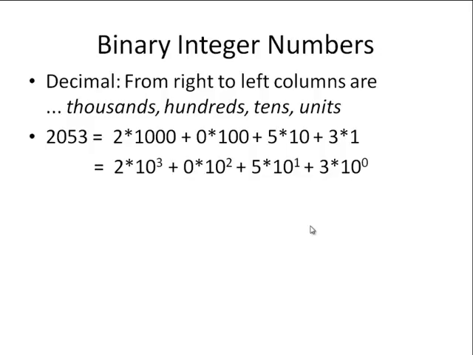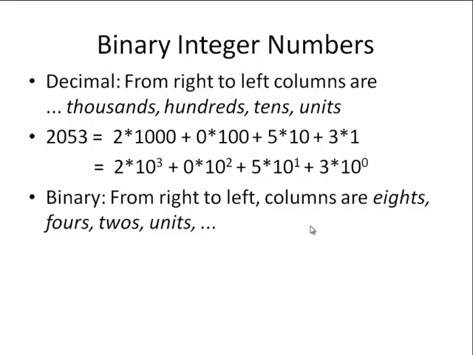So if we had another column there, that would be 10 to the power of 4, which would be 10 times 10 times 10 times 10, which is 10,000. So this number 2053 is equal to 2 times 10 to the power of 3 plus 0 times 10 squared plus 5 times 10 plus 3 times 10 to the power of 0. In binary, from right to left, the columns are the 8s, the 4s, the 2s, and then the units.